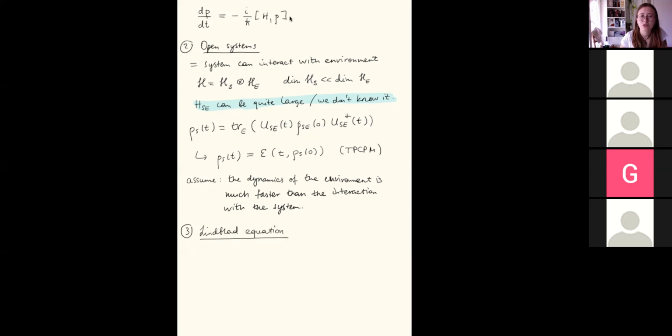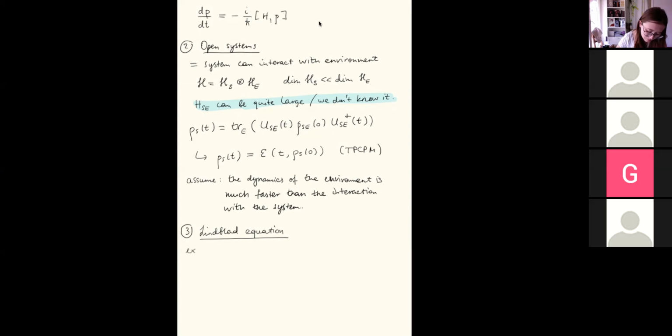So there are going to be also some terms which account for the fact that the evolution of the target system itself is not unitary. Intuitively, we must expect something like the equation above, but with some added terms.